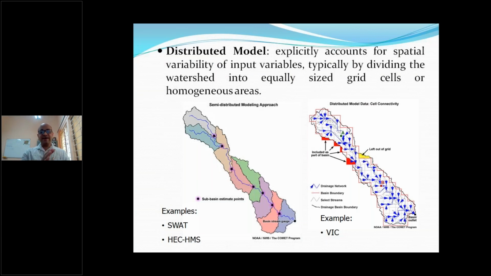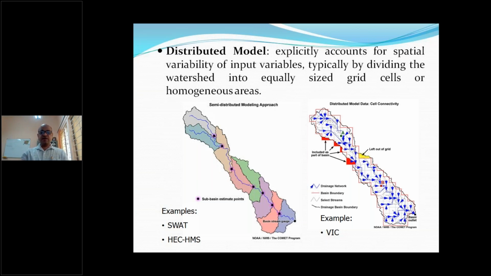On the contrary, distributed models don't assume those things. They either divide that area into square or regular shaped pixels, cells, or homogeneous areas, and then they try to solve the hydrological processes on those pixels or grids or homogeneous areas. Classic examples are the SWAT model, soil and water assessment tool, and the HEC-HMS model, which distribute your area into homogeneous areas, which we generally call HRUs or sub watersheds or micro watersheds.